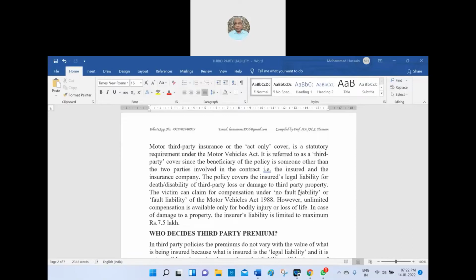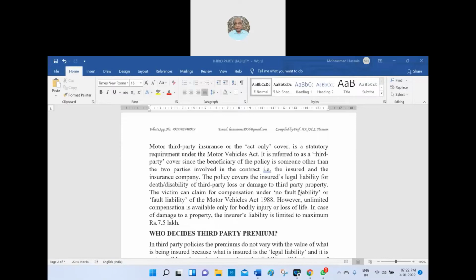So the policy covers the insured's legal liability for the death or disability or loss or damage to a third party. The victim can claim compensation under no fault liability or fault liability of the Motor Vehicle Act 1988. However, unlimited compensation is only for bodily injury or loss of life.